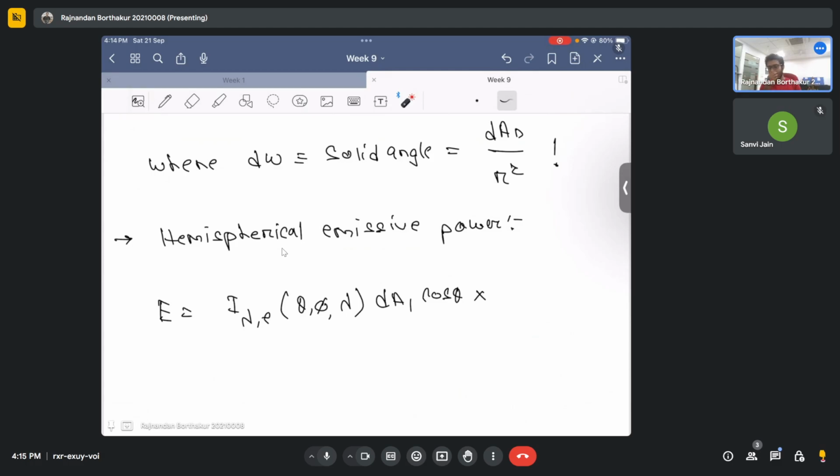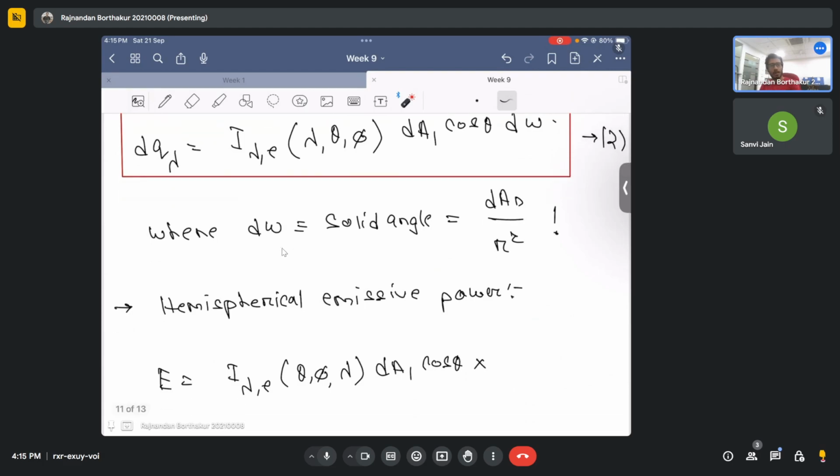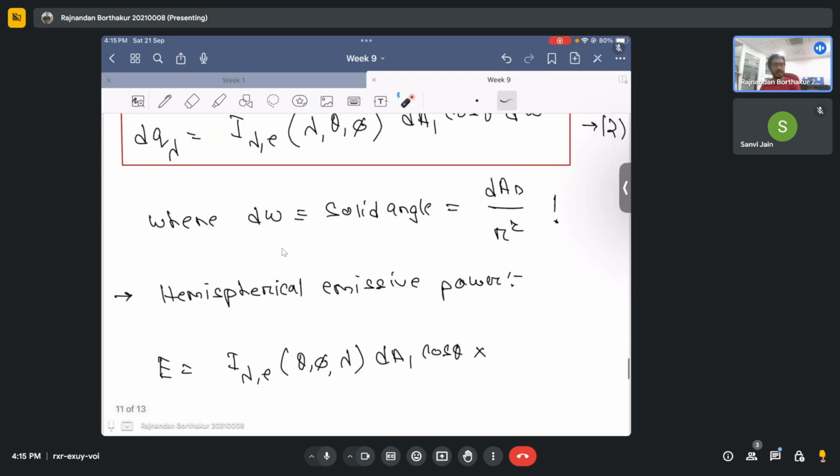So can you tell me what will be this d omega, based on the fact that this is a hemisphere? Remember, I already said that the solid angle subtended by a hemisphere or a sphere onto a differential area dA1 is sine theta d theta d phi.